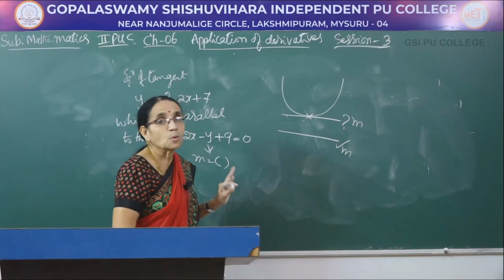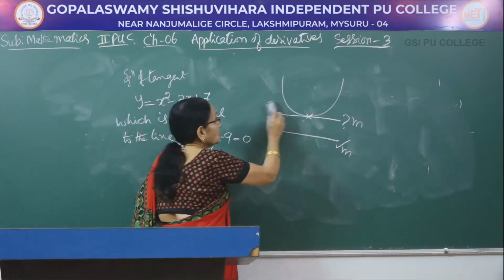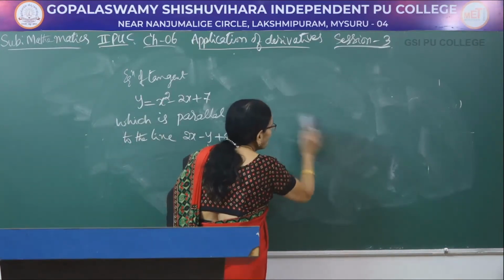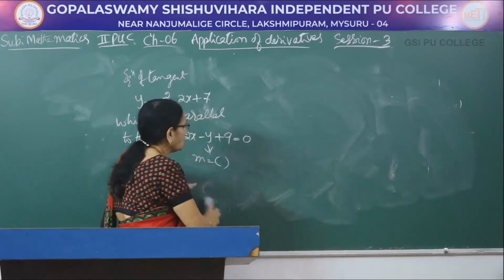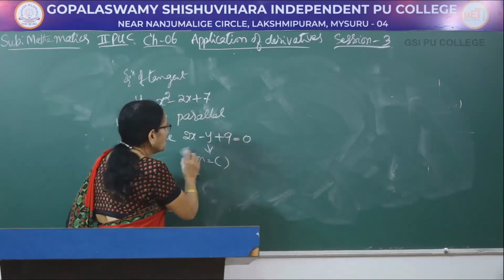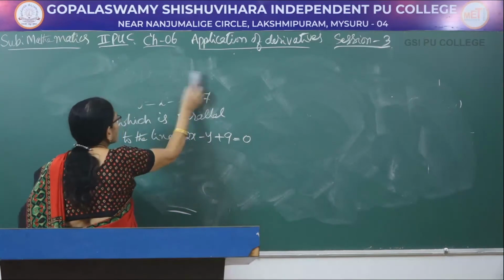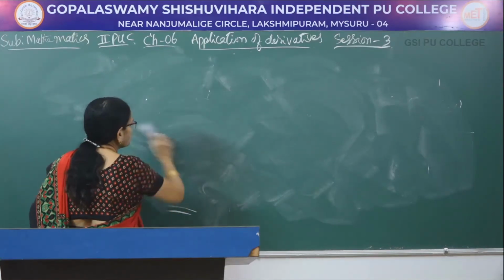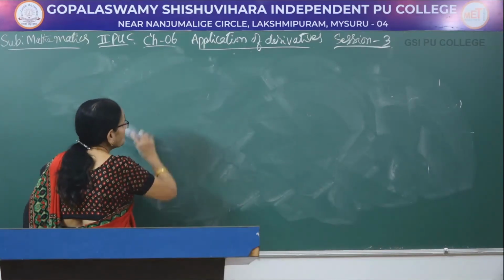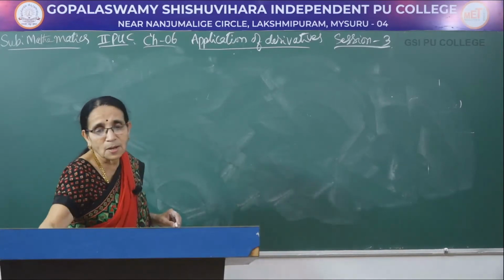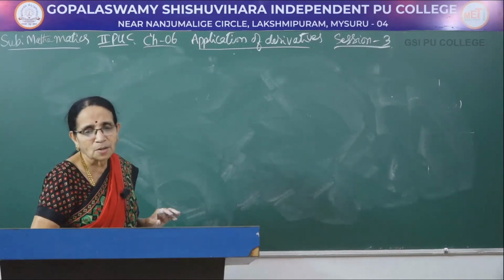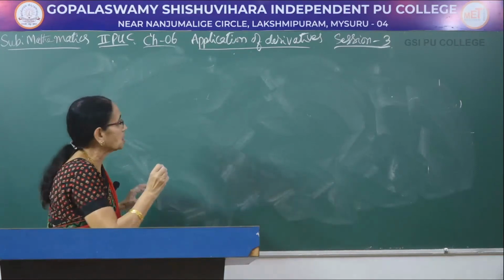For that, we use the same thing, that is, equate the slope of the tangent to this particular thing. First, let me start like this. Now write, what is the given line here? The given line is 2x minus y plus 9 equal to 0.